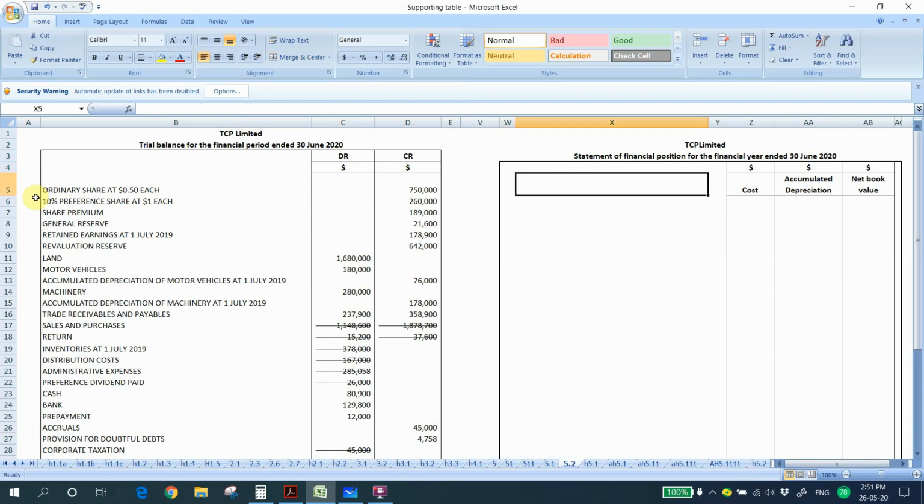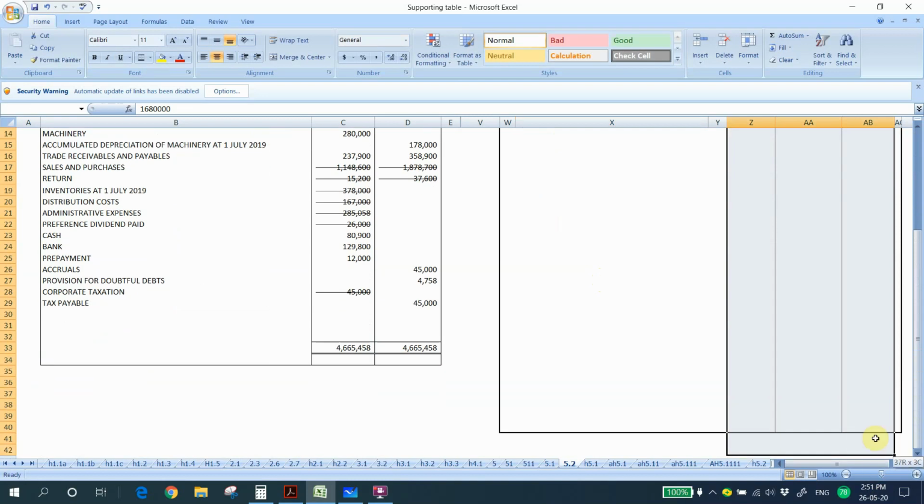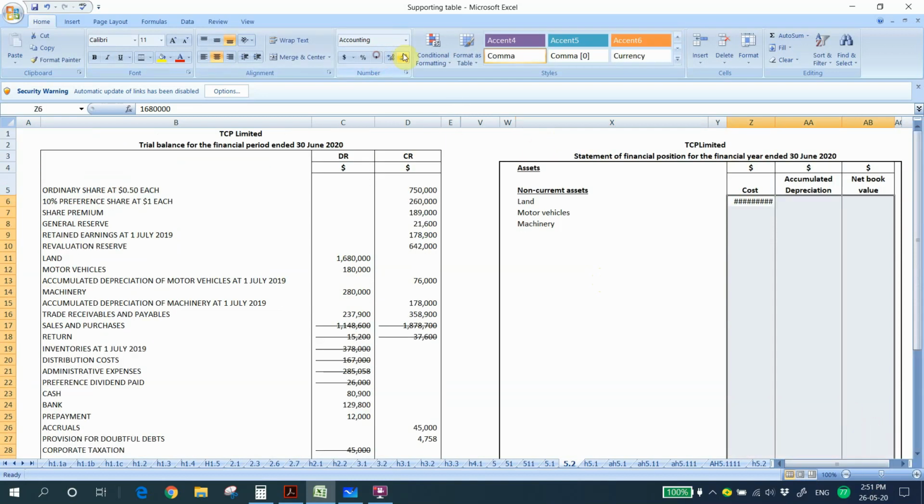So we start from assets, non-current asset. We have three items in our non-current asset. First is land, followed by motor vehicles and machinery. The land value changed to 1680. No accumulated depreciation.